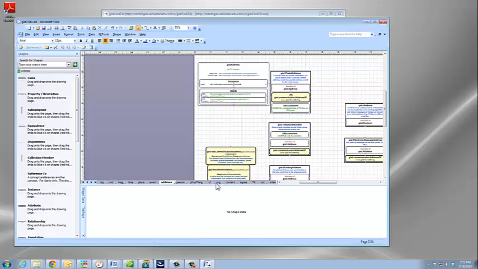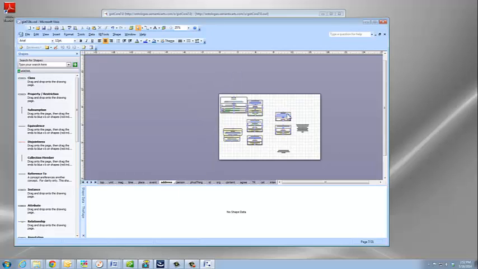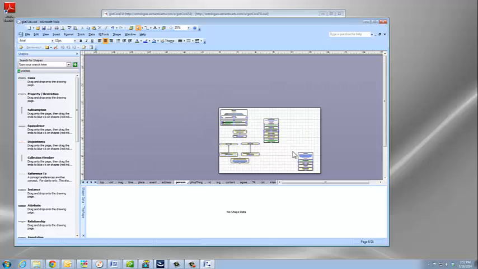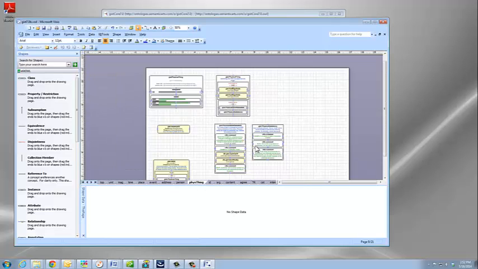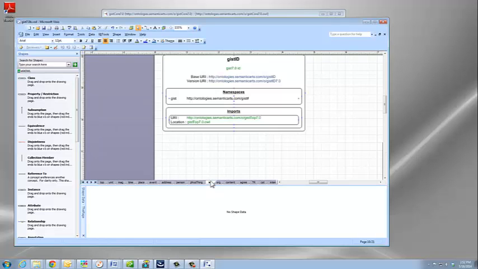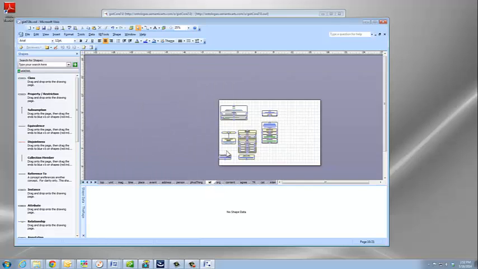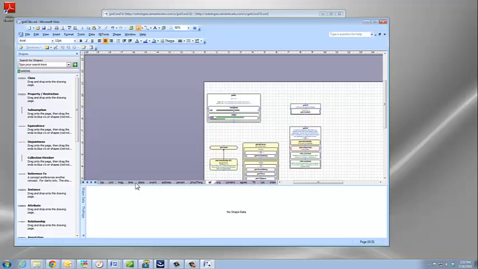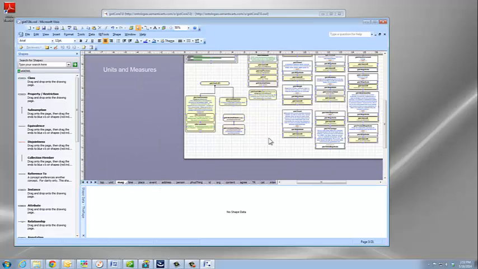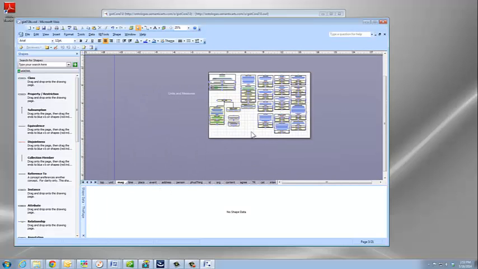One of our objectives was to have each tab, therefore each ontology, be simple enough that you could just grasp it pretty much in its entirety. Some of these are extremely simple, and there's a handful that are a little more involved, like magnitudes, which have a few more classes, but for the most part, most of them are small enough to be understood in their totality.